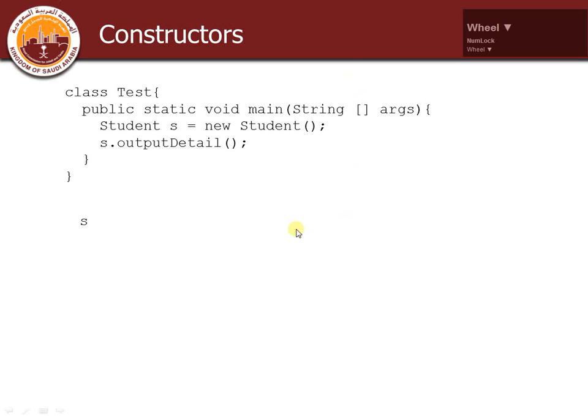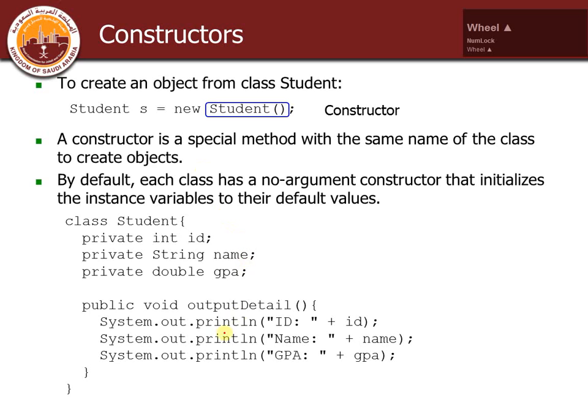So check this example with the previous class that was made. Output details will display the content of the ID, the name and the GPA, which are those variables over there.